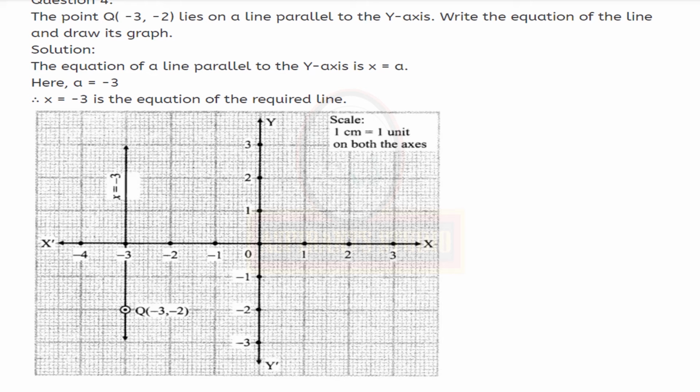You are asked to draw its graph. So now you are asked to draw the graph of x is equal to minus 3. The line is parallel to the y-axis and to the left of the y-axis.